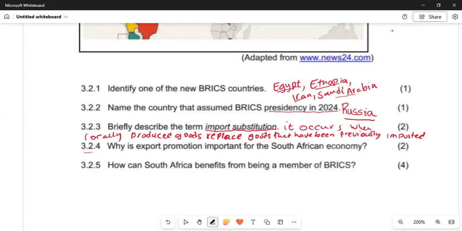Why is export promotion important for the South African economy?